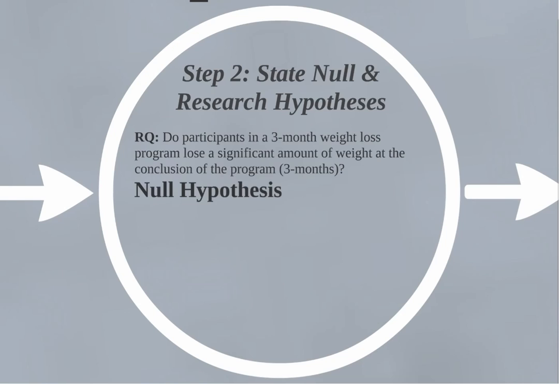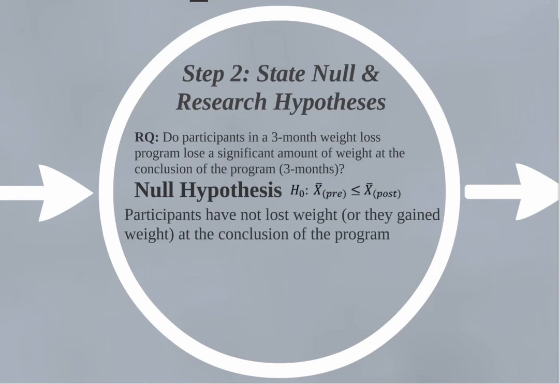Our null hypothesis here is the opposite of what we would expect. Remember, H sub 0 is our symbol for the null hypothesis. What this is saying is that weights at the pre-measurement are equal to or less than the post-measurement.